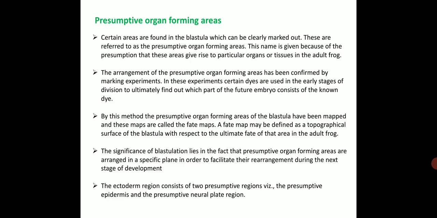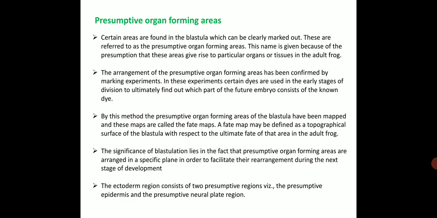The significance of blastulation lies in the fact that the pre-assumptive organ forming areas are arranged in a specific plane in order to facilitate their arrangement during the next stage of development. When you are learning about the pre-assumptive organ forming areas, you must know that there are three germ layers: ectoderm, mesoderm and endoderm.